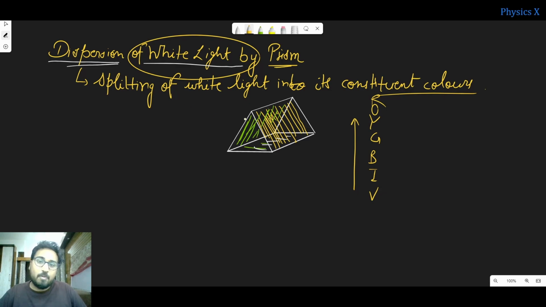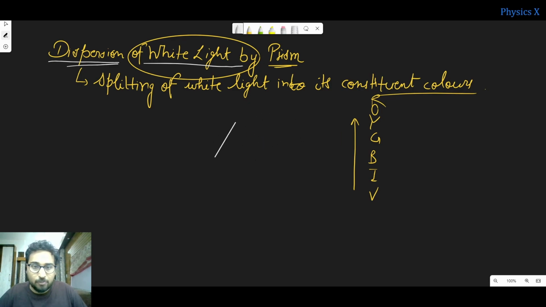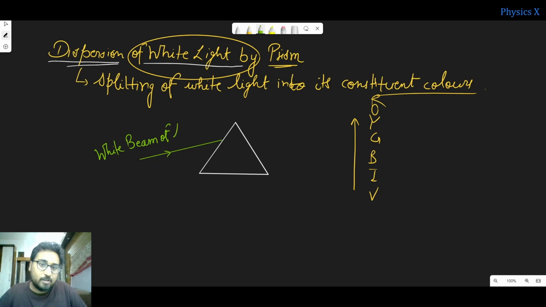So this is your prism. Now let me draw the ray diagram. I will draw the front view. From the front, it will appear like this. Suppose this is your prism and a white ray of light, a white beam of light, coming like this.